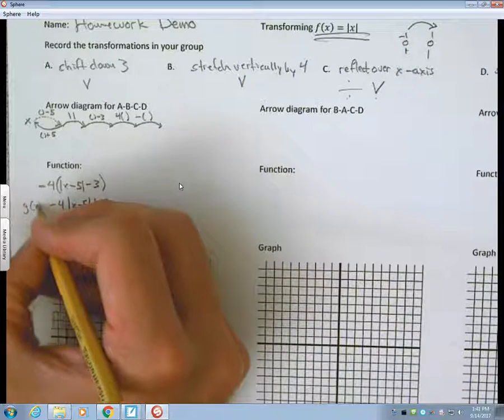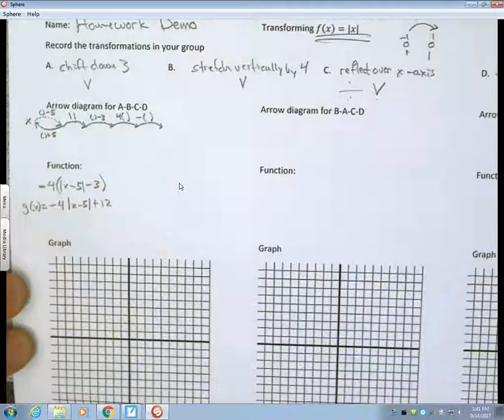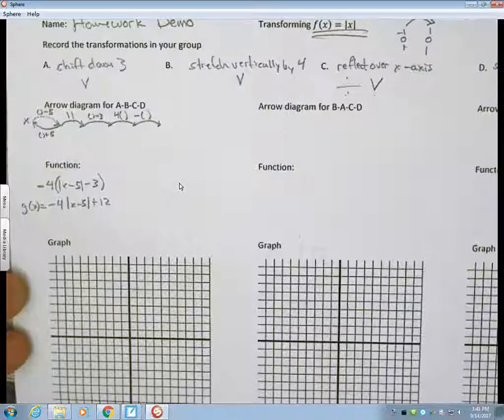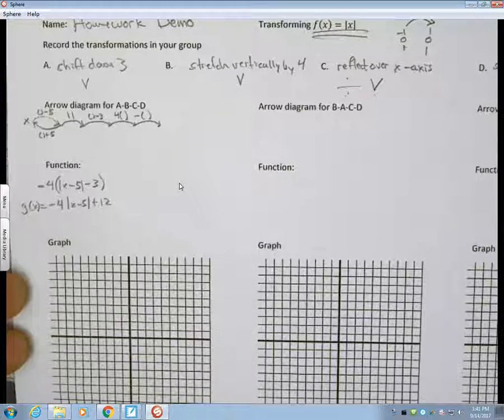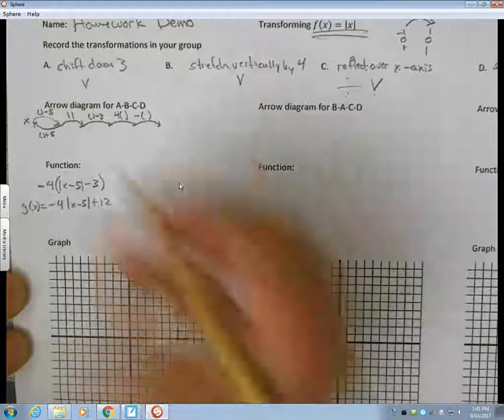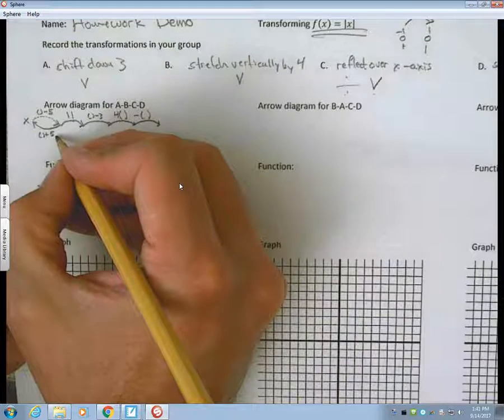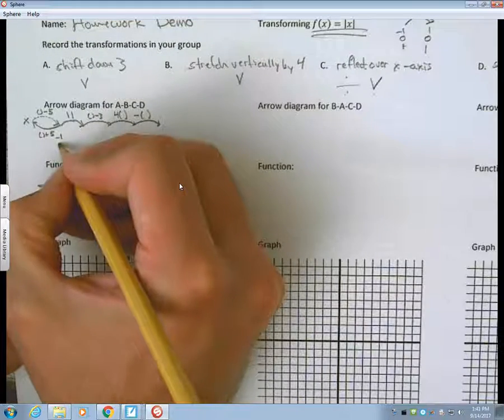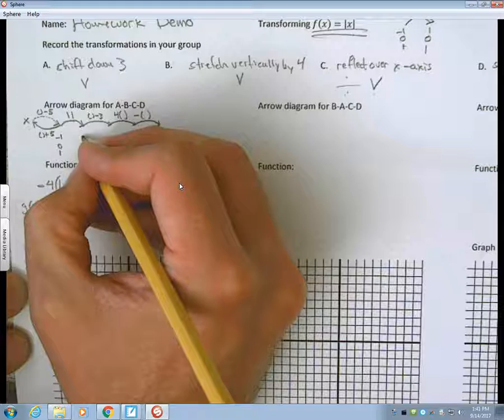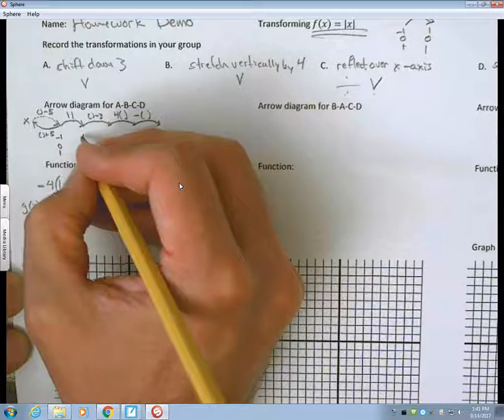Okay, the points that will be on that: I'm going to put my key points of -1, 0, and 1. This becomes a 1, 0, 1. Subtract 3 is a -2, -3, -2.